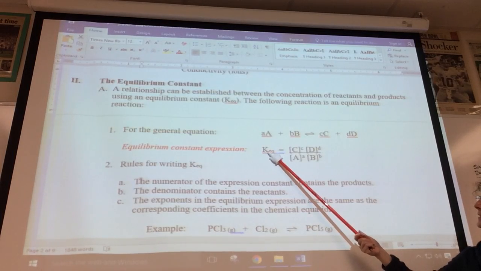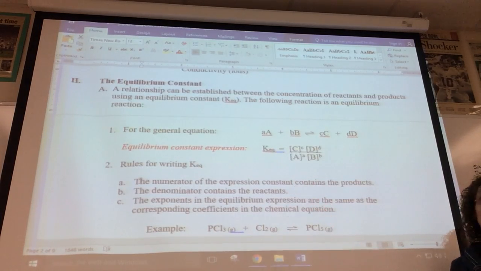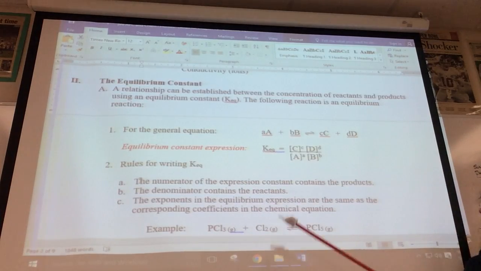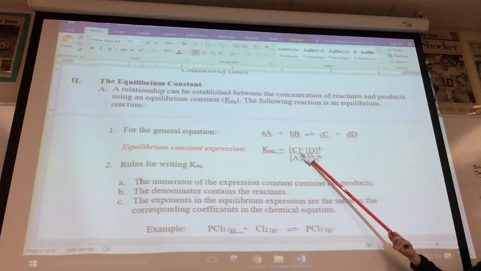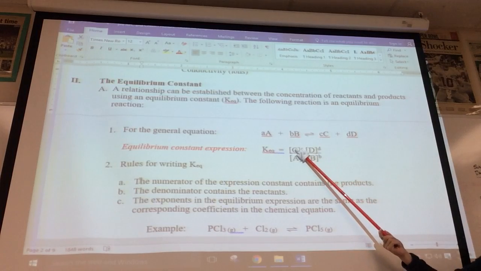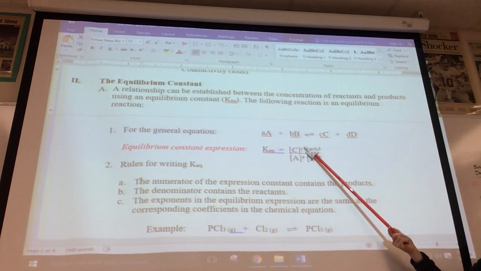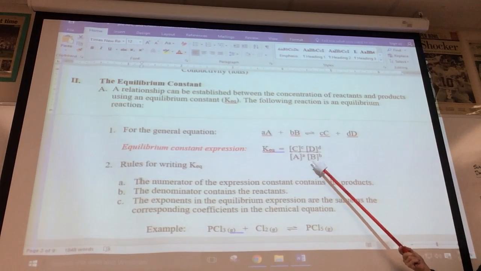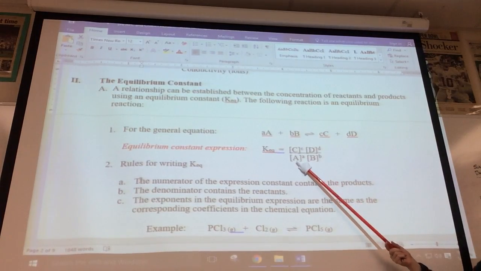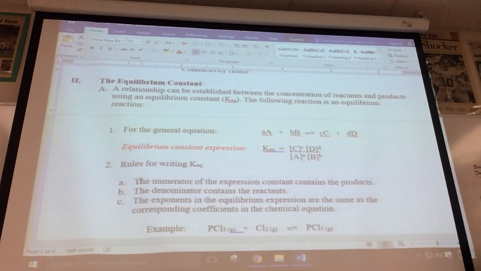K for constant, that's a capital K, EQ for equilibrium. That is equal to the concentration of products raised to their coefficients, and it's the product of those products, you're multiplying. Reactant concentrations raised to their coefficients.